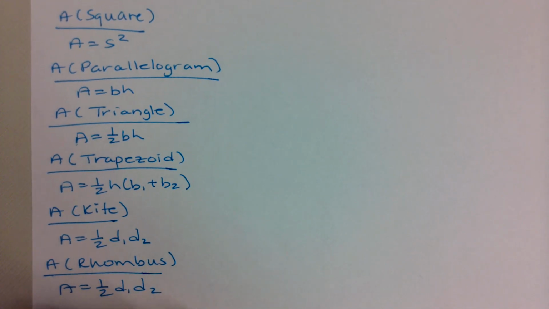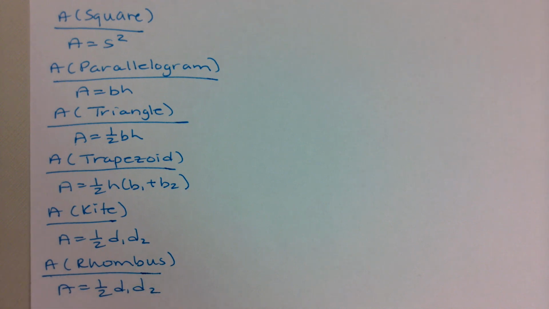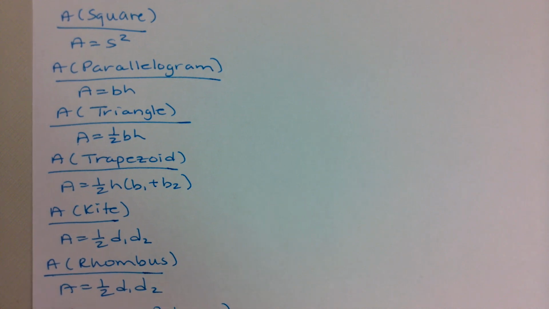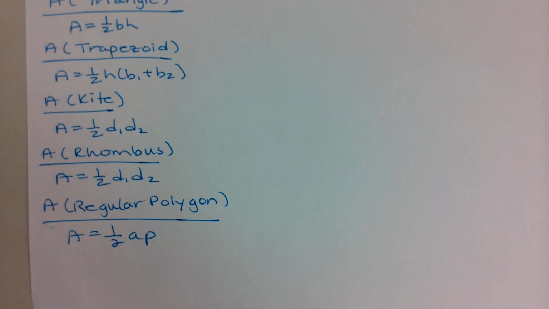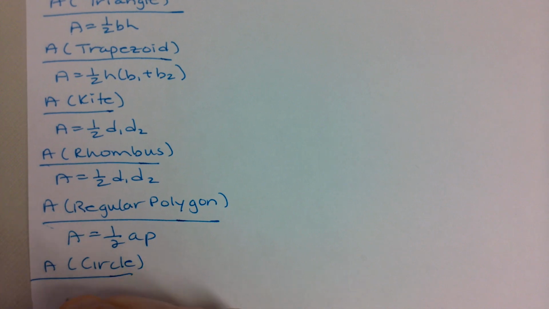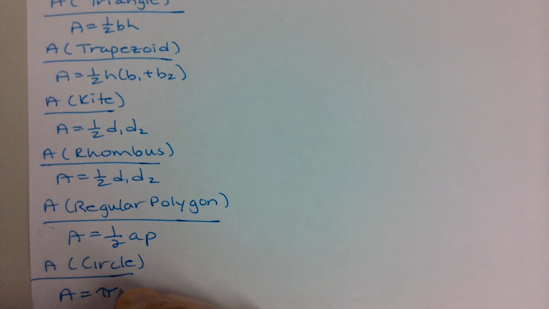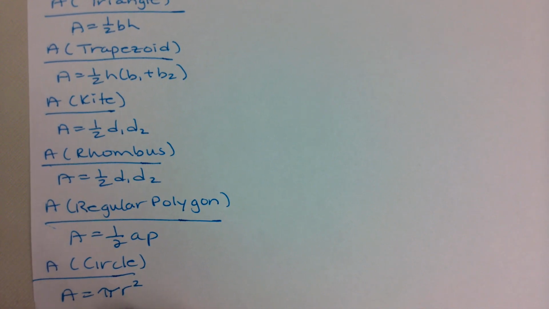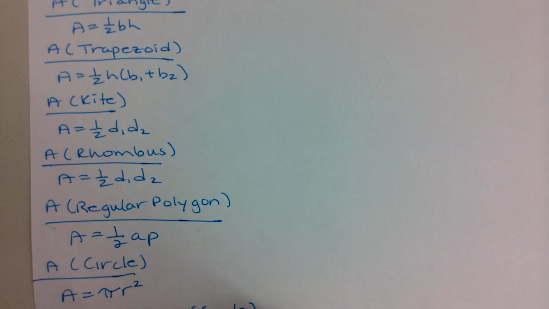Should have area of a, what else did we do? Polygon, a regular polygon. Area of a circle. Circumference of a circle.